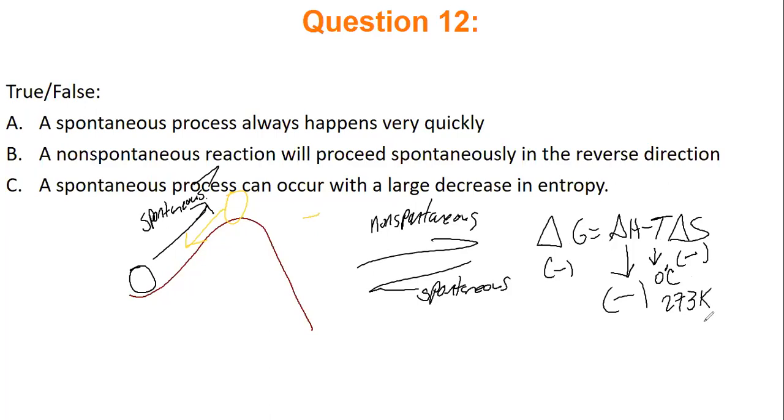Because when you freeze water, you release a lot of heat. And so the loss of entropy is made up for by heat loss. As long as you're below 273 Kelvin, the heat loss is more important than the entropy loss. If you're above the freezing point, the heat that is put into the universe is too small to battle that entropy loss.